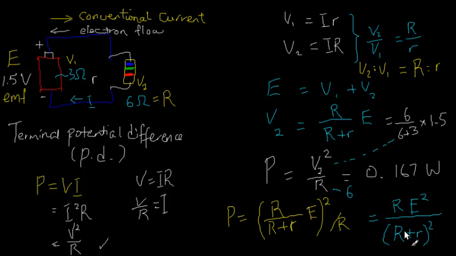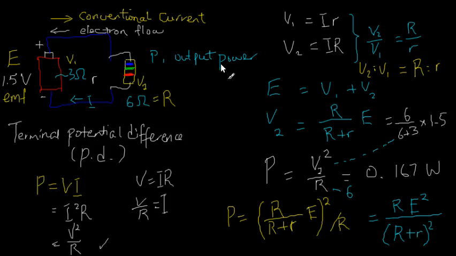Now what I would like to find out is how this power in the resistor, which I shall call the output power, in the sense that this power comes out of the battery, essentially. It's the electrical power that goes out from the battery and gets used up here and changed into heat.